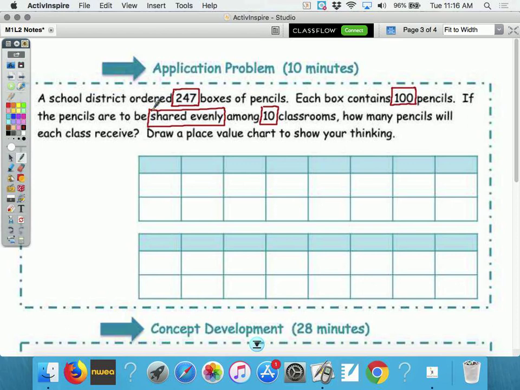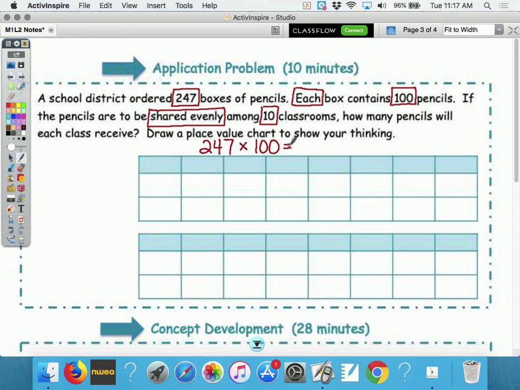Now, that tells me I'm going to divide. And there's a word that tells me I'm going to multiply. Miguel, do you remember it? No? Each box. Each. So put a box around each. That tells me I'm going to multiply. Sometimes you can divide with each, but I think this means multiply. 247 boxes of pencils, and each box contains 100 pencils. That's a lot. So let's write the problem right here. 247 times what?